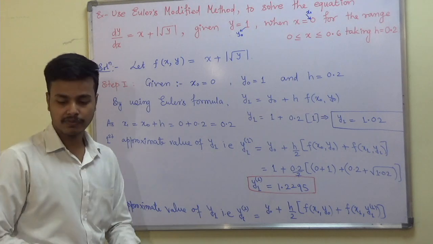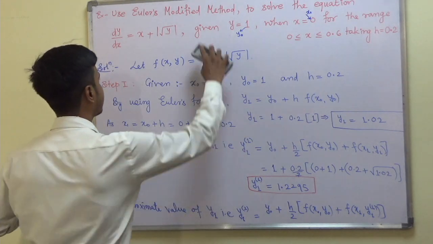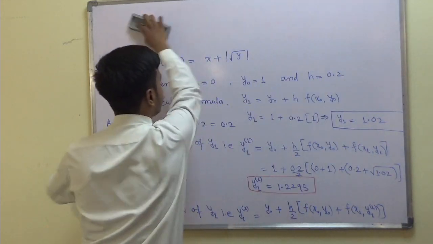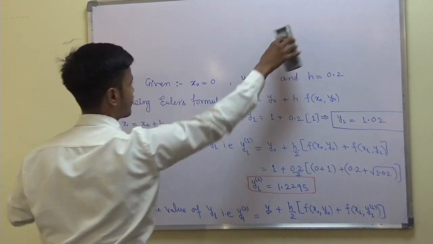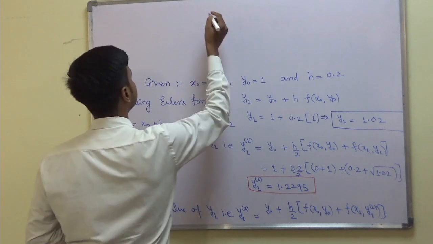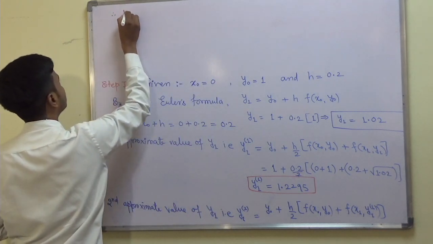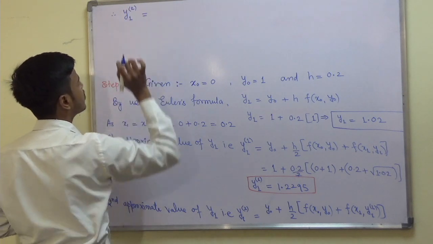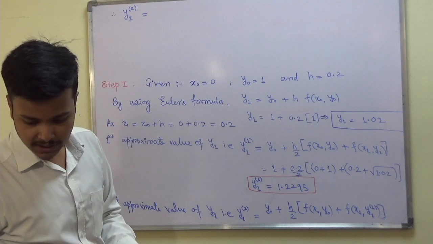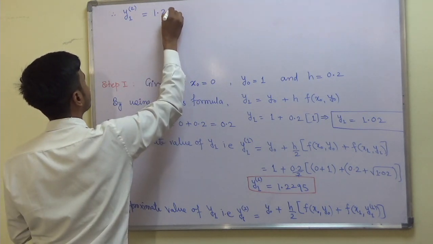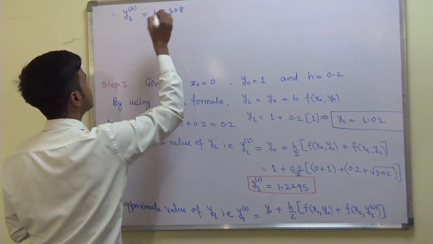So again you have to substitute the values and get the second approximate value after calculation. Therefore y12 comes out to be 1.2308. This is the second value.